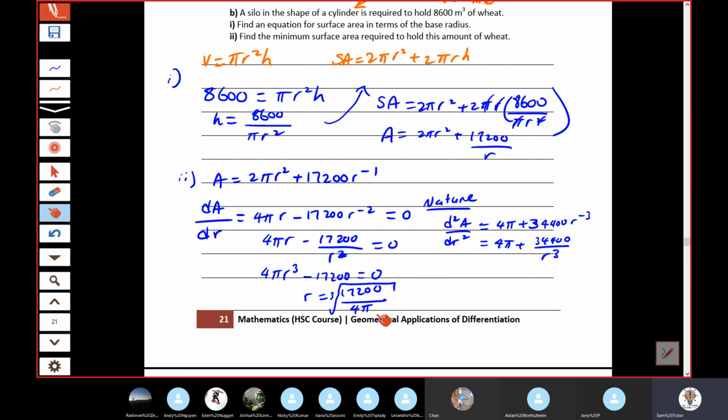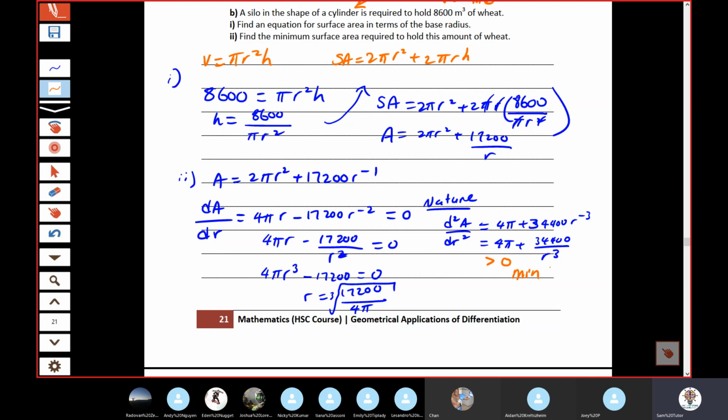So it's always positive. Now what is 34,400 divided by a positive number? Positive plus positive. So I think we can conclude this is always greater than 0, which means min.